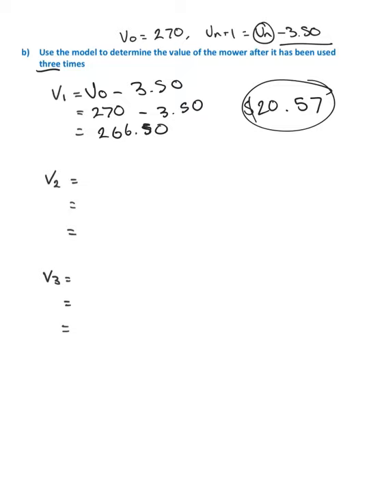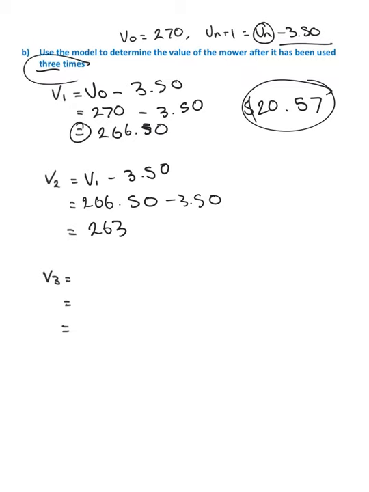To find our second use, it's going to be the current term, V1 minus $3.50. You should be starting to see the pattern now. V1 was $266.50, minus $3.50. We're going to get $263. Finally, we're looking for after it's been used 3 times.